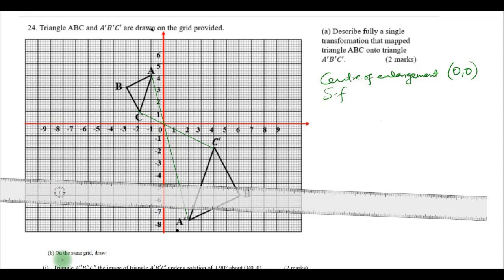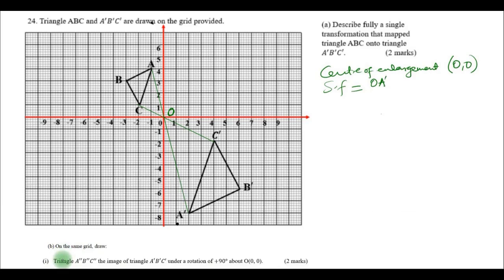And then to get the scale factor, from the center of enlargement, point O, we have either OA prime over OA, or the same as OB prime over OB, or OC prime over OC. So we can take either one of them, and we can decide to deal with the horizontal displacement or vertical displacement. So for our case, let us get the scale factor using OA.